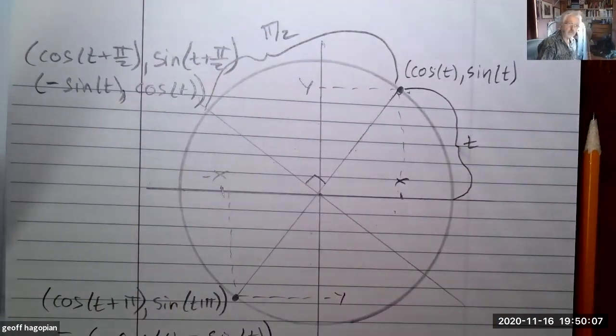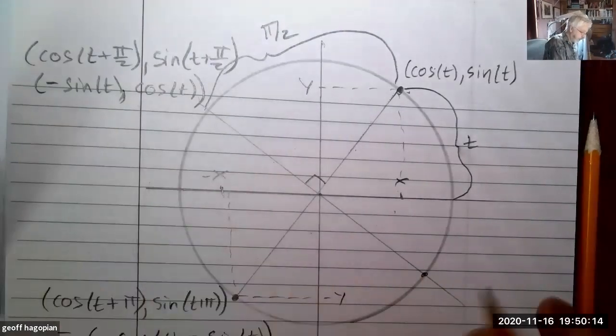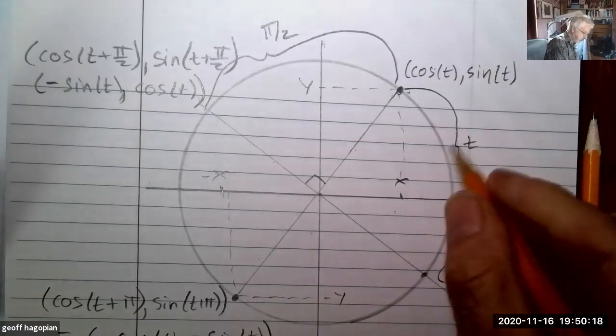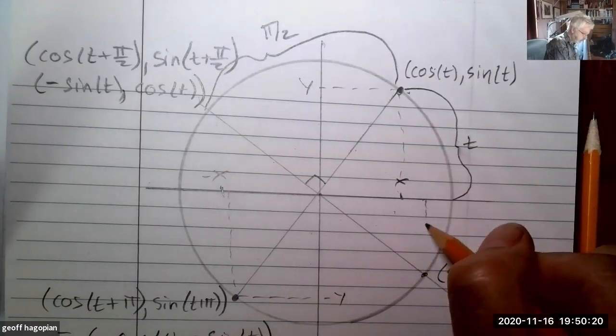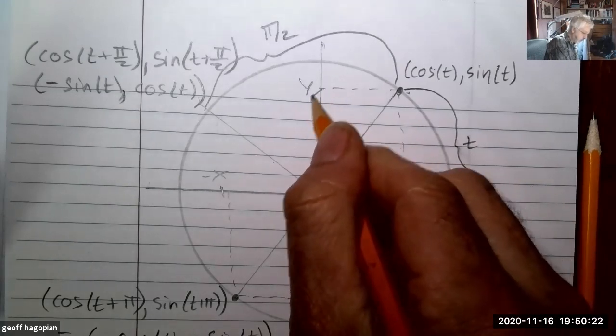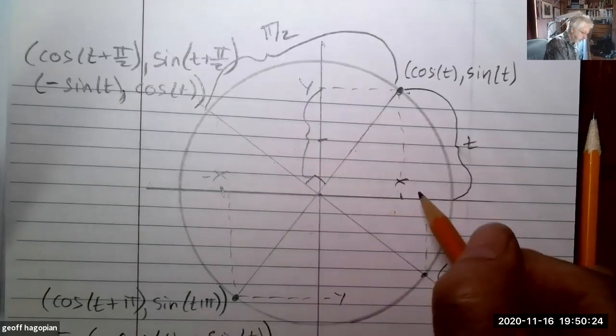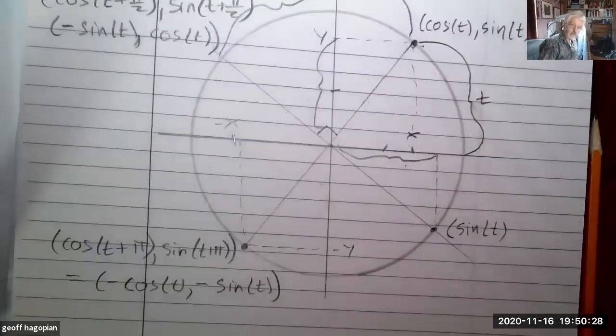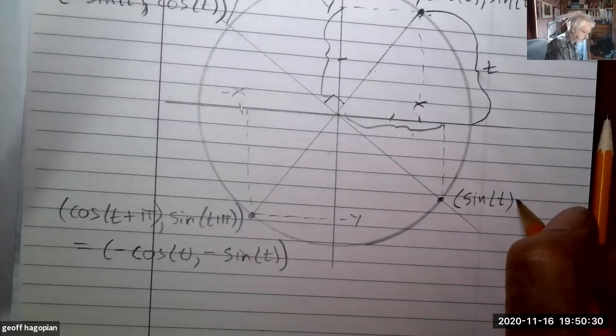A strange sort of reflection. And so what is this is then going to be the opposite of that, right? So this is going to be sine of t, which is this distance here, right? So this is the same length as this. So that's sine of t, that's positive, right?